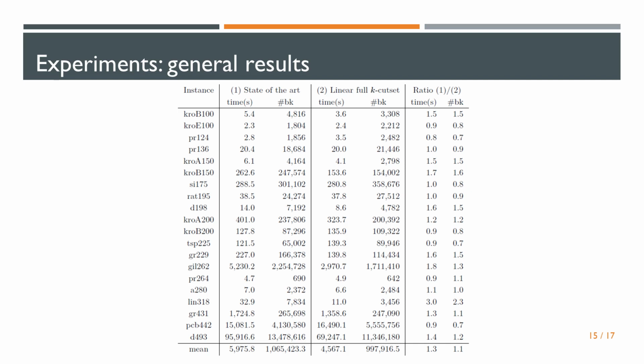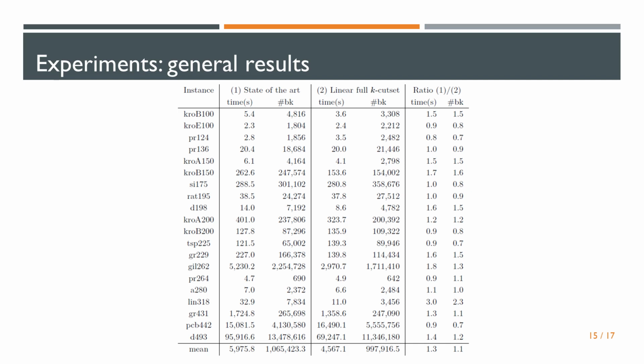We give for each instance the time in seconds, the number of backtracks, and a third column to give the ratio between the state of the art and the algorithm we presented. In addition, at the bottom, we give the mean solving time, the mean backtracks, and the mean ratio.